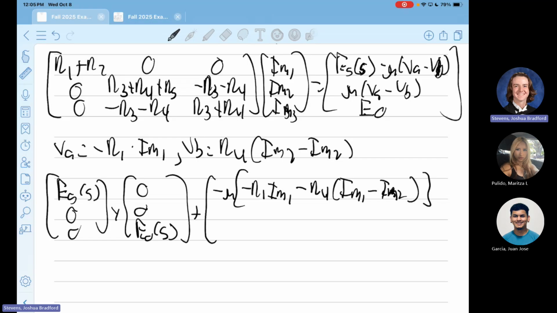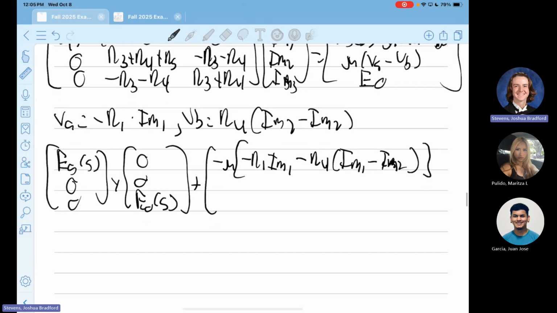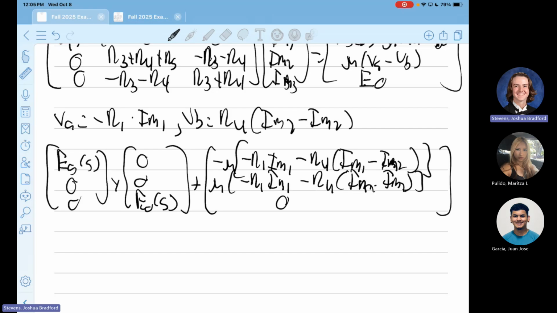Yeah? Sweet. Same thing here, except the mu is positive. Mu times negative R1 IM1, minus R4 times IM1 minus IM2. And that is 0 on the bottom.